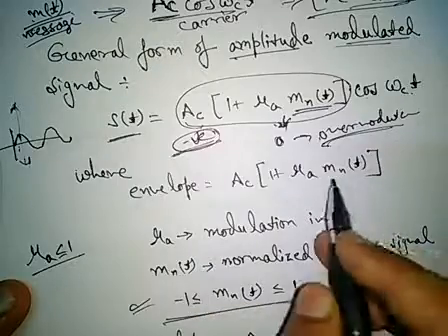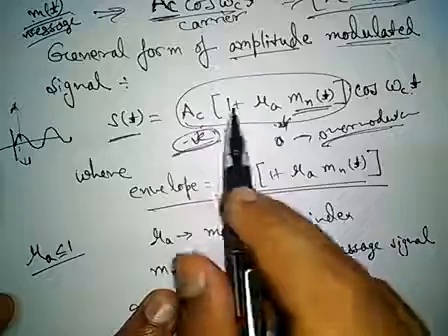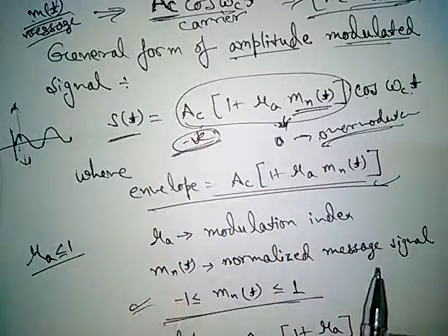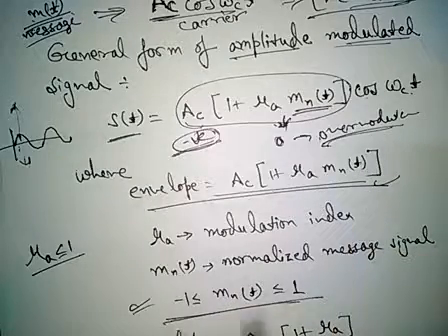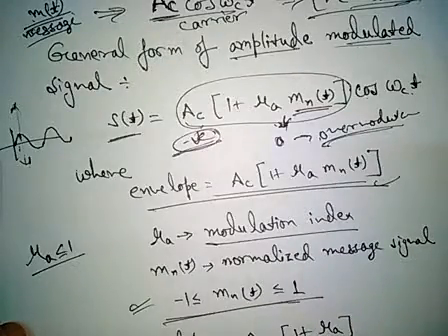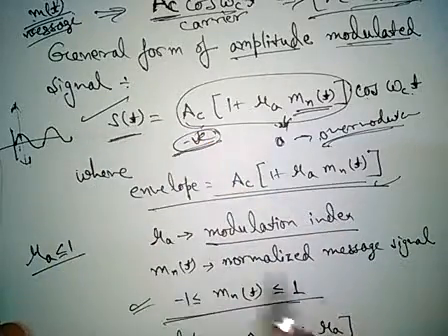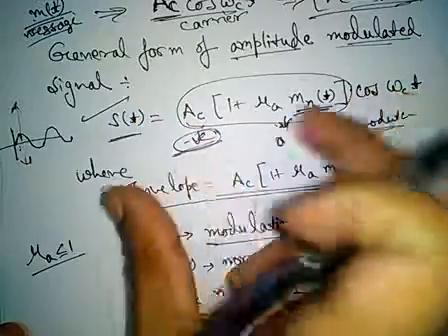What I am concerned about here is the envelope. Ac into [1 + mu_a m_n(t)] is the envelope of the amplitude modulated signal, m_n is just between -1 and 1, and mu is of course the modulation index that we have to determine. So this is the general form of the amplitude modulated signal, and the envelope is nothing but the amplitude of the entire signal.